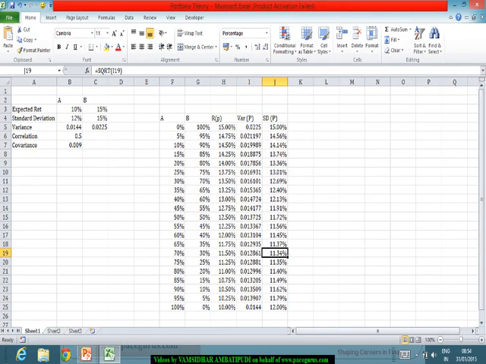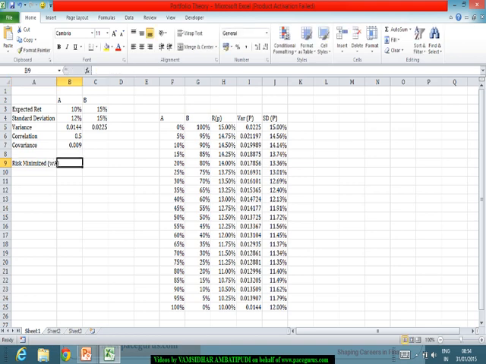So let's try to compute from here the risk minimized value. If I really want to minimize risk, WA is what I will try to find out, the one that can typically minimize the risk.